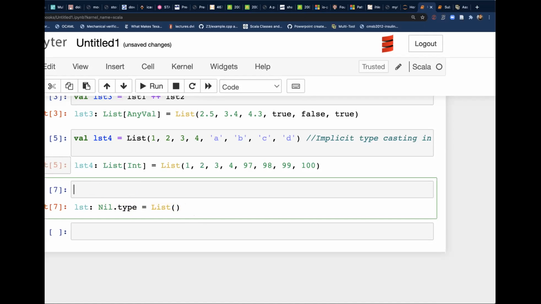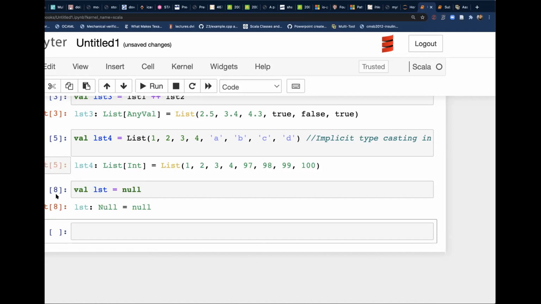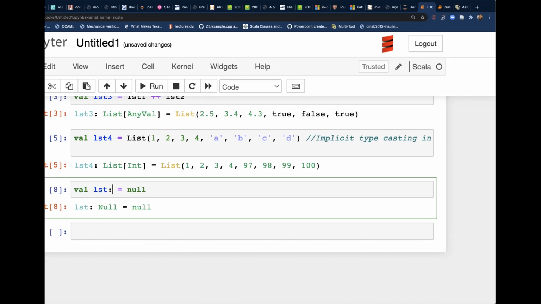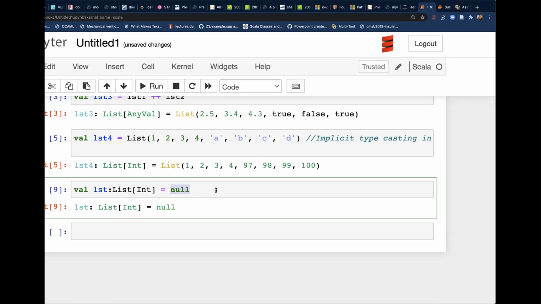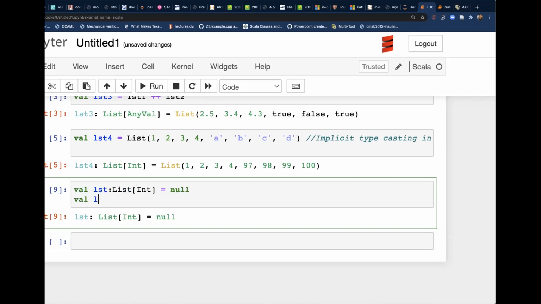So nil is always of type list, whereas null is different. You can say val lst equals null. This is really different. You can say val lst is a list of integers, which is null. This is different from nil, right? So val lst2, a list of integers, let's say, is nil.